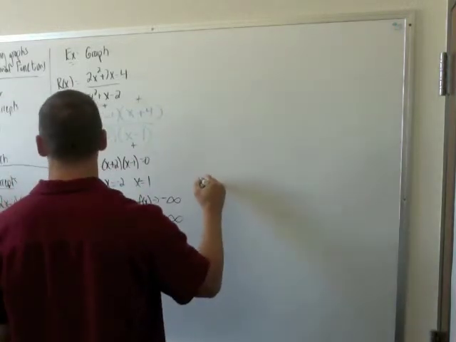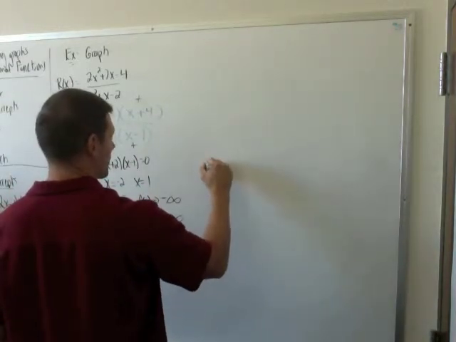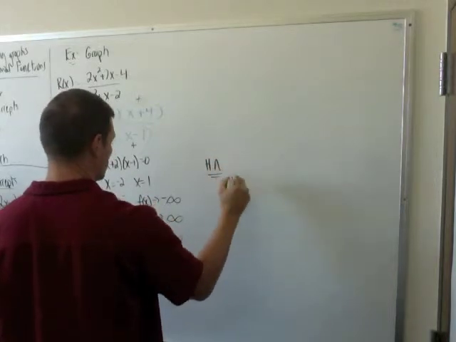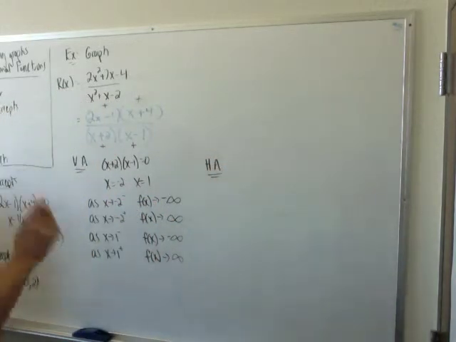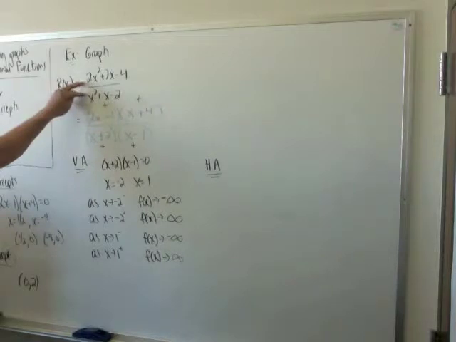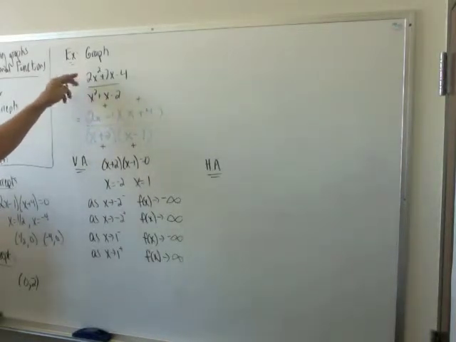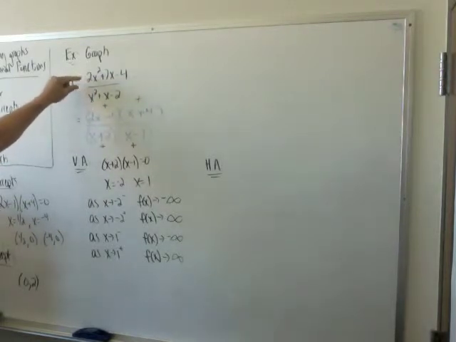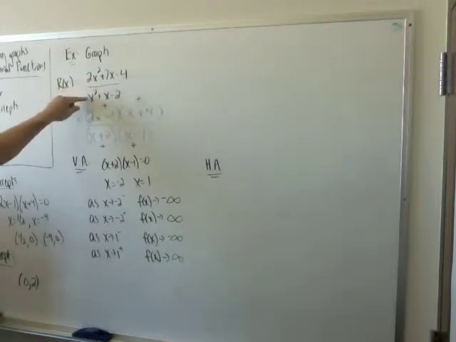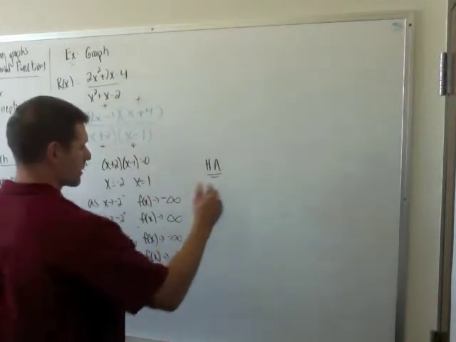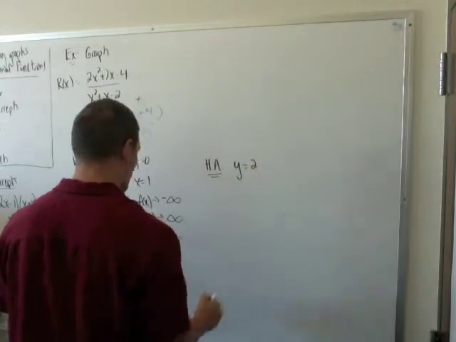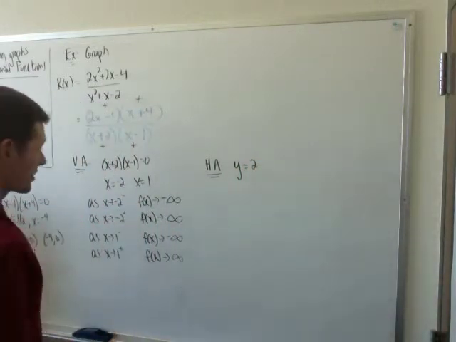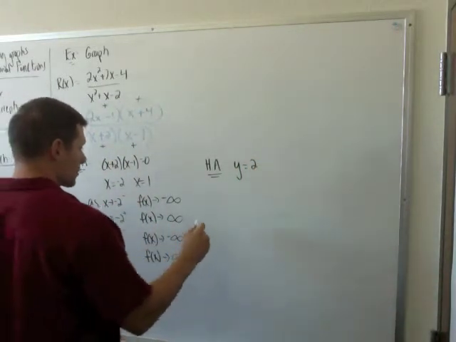Let's talk about horizontal asymptotes. Horizontal asymptotes. We'll go back to my original function: top heavy, bottom heavy, or balanced. Degree 2 over degree 2 is balanced, therefore I look at the ratio of the leading coefficients, 2 to 1, so my horizontal asymptote is y equals 2. Do I ever intersect that horizontal asymptote? That's a good question.